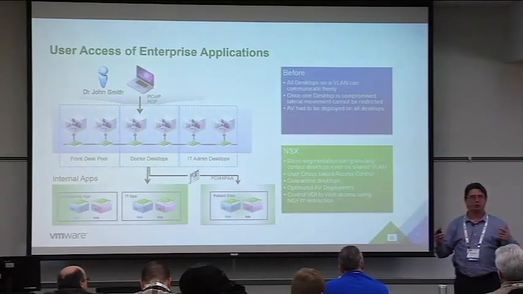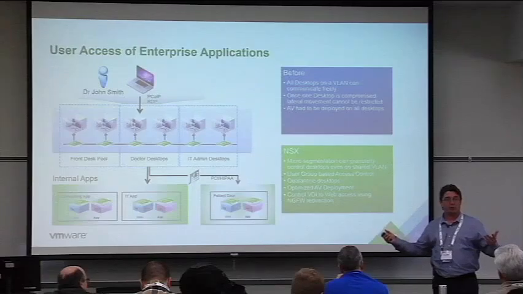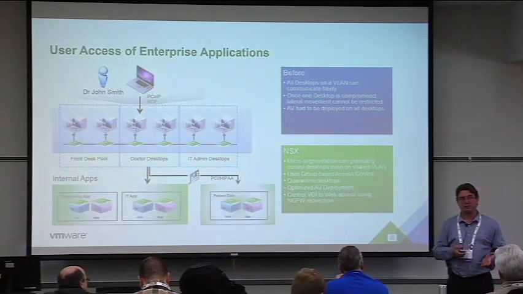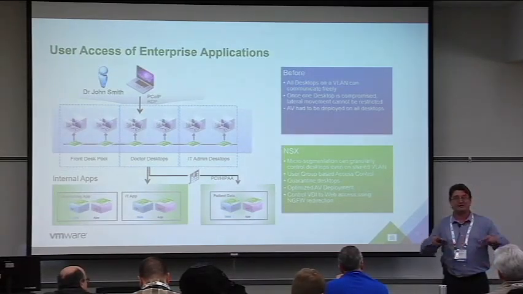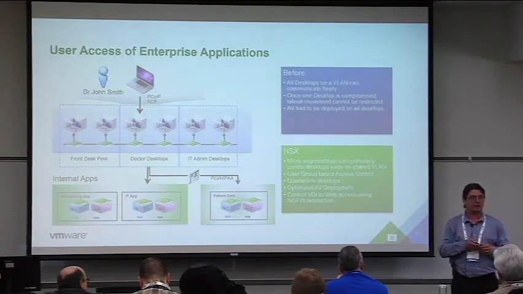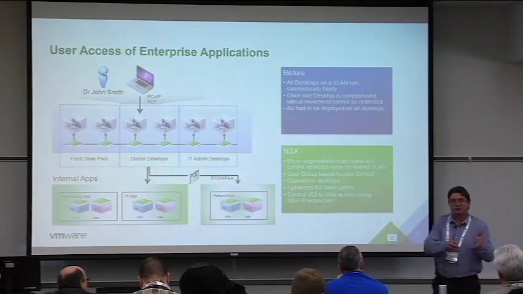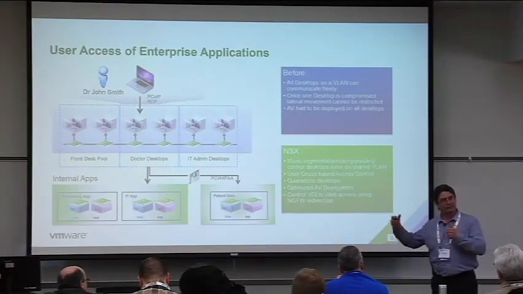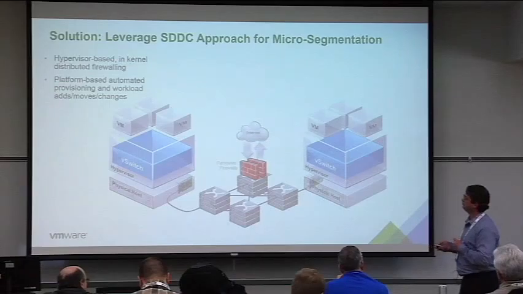One desktop pool across a bunch of networks, because the network really doesn't matter anymore. The network is all inside of NSX. And I'm going to control which apps you get when you log in, and I'm going to control what sites you can talk to, where you can go on the network when you log in. The stateless desktop has really, really become real and still not giving up any security whatsoever.